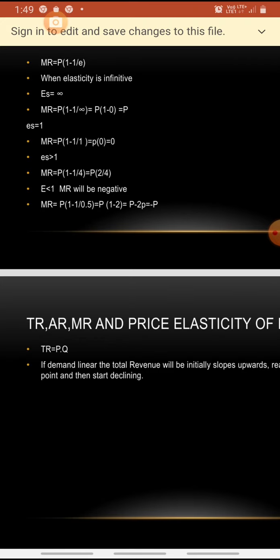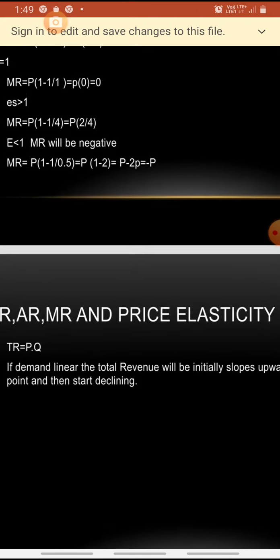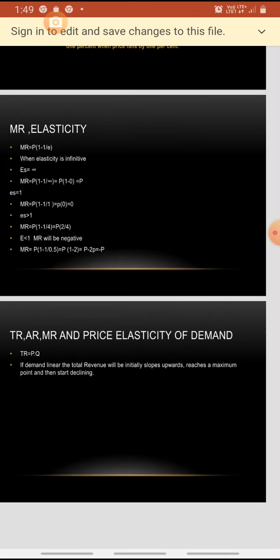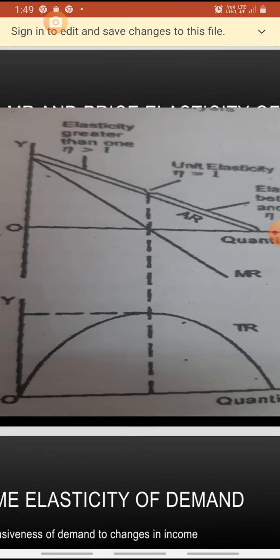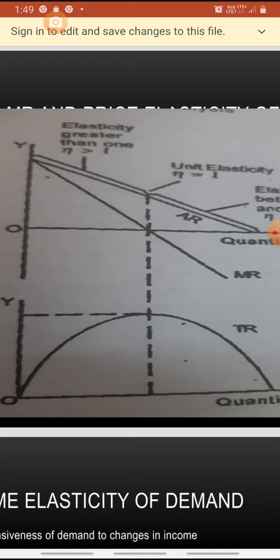Here, AR, TR, MR and price elasticity of demand. TR is equal to P into Q, price into quantity. If demand is linear, total revenue initially slopes upwards, reaches a maximum, then starts declining. That is clear in the graph. Total revenue is given in the diagram below.